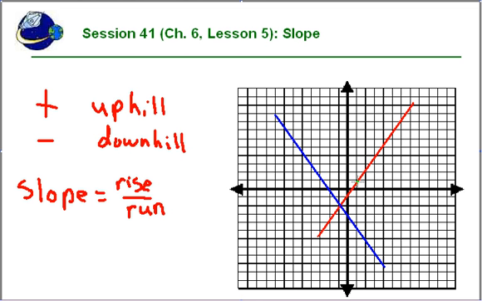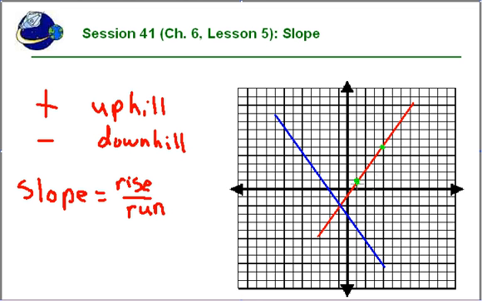So let's take a quick look here at an example. If we say this point right here on the line, and then we go over here to this point here, between these 2 points, what is the slope? Well, it's important to remember that when you have a line, you can choose any 2 points on the line to determine the slope, because the slope of the entire line remains constant over the entire line.